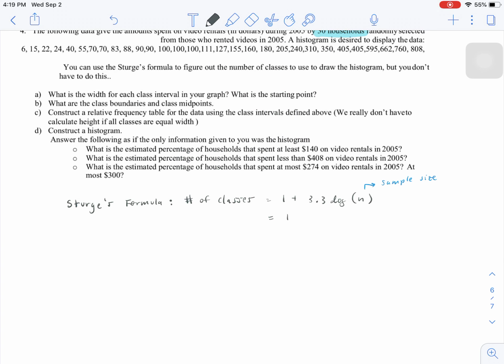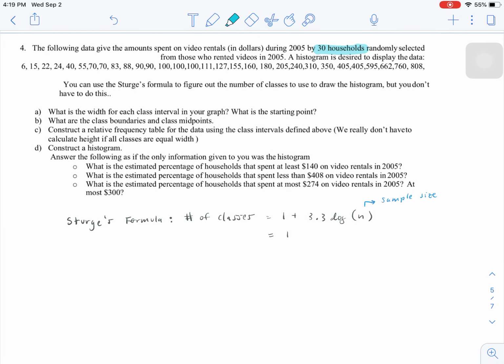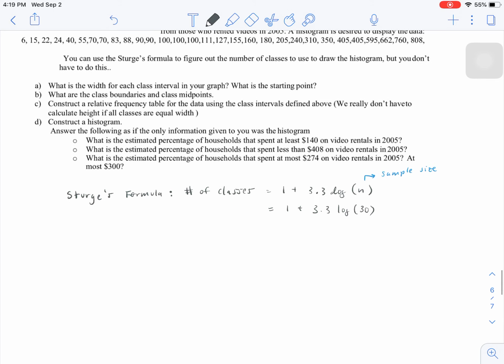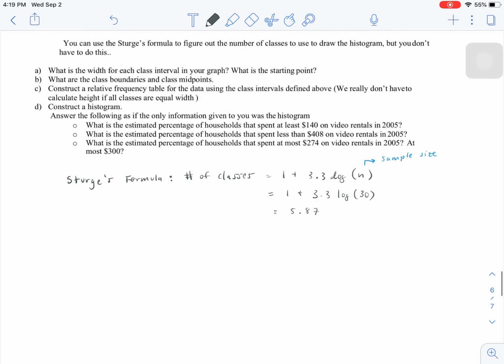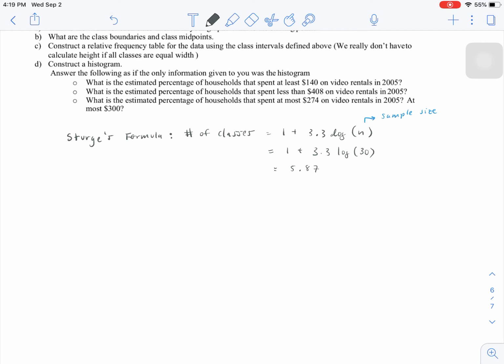So our sample size, we're told, is 30. There were 30 households. So we should calculate 1 plus 3.3 times the log of 30. This is the log base 10, by the way. So if I plug this into my calculator, I get 5.87. So in other words, does this mean that I should have 5.87 bars on my histogram?